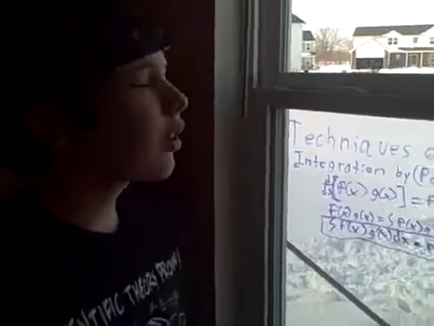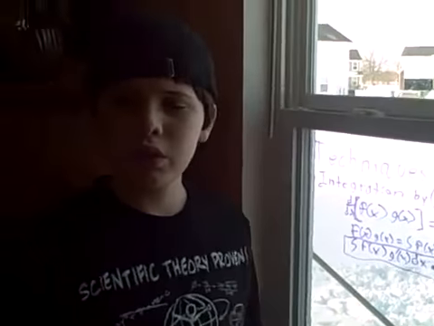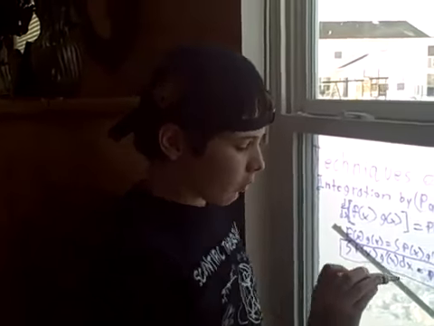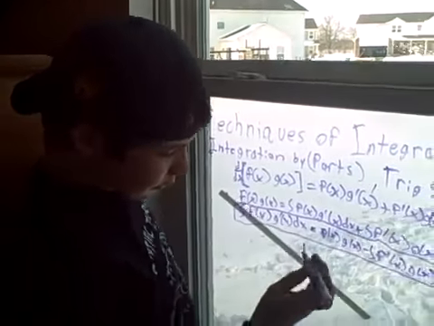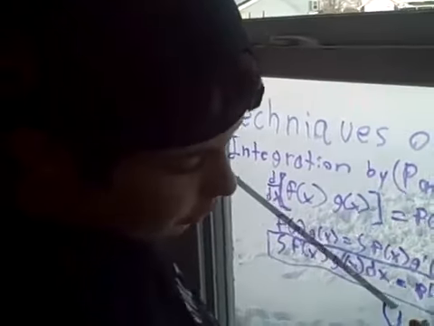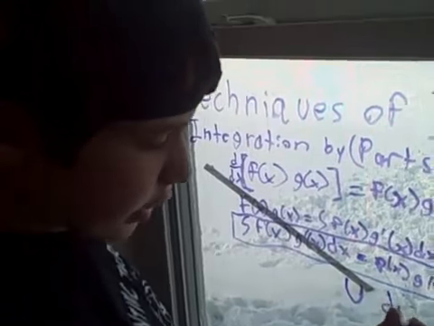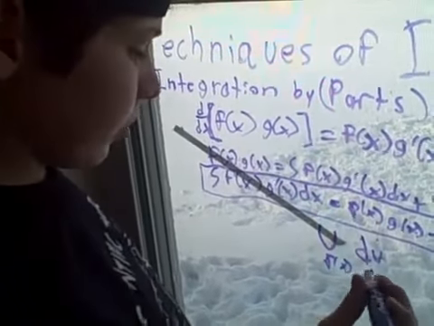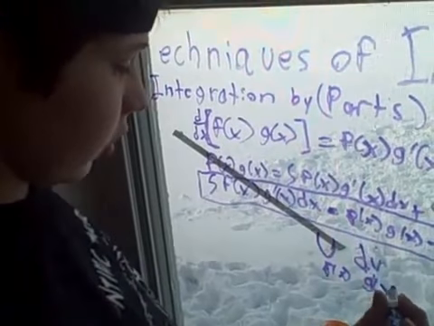Now, this is really long, so Leibniz introduced a new terminology. He said we call one function u. There we have our one function being u, and our next function is dv. And then this becomes f of x, and this becomes g prime of x in our equation.